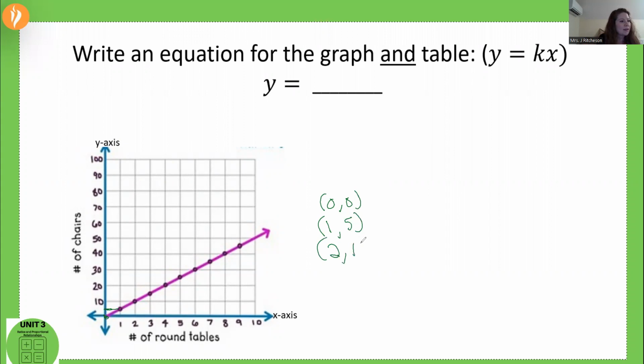What is y? What about when x is 3? Does it look like it's about 15? So what do you guys think? What would we do to x each time to get y? Yep, we're going to multiply by 5. So y is equal to 5x for our graph.